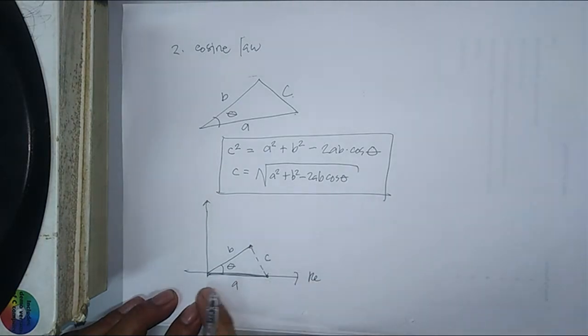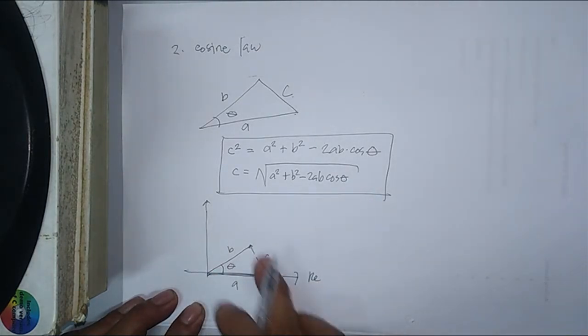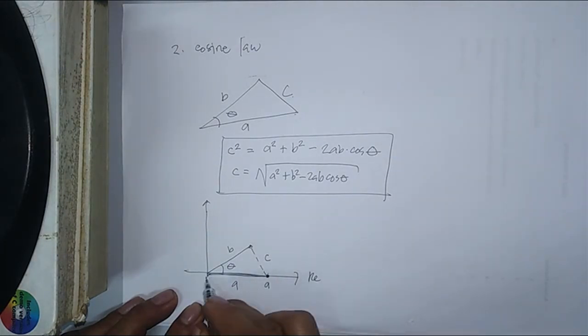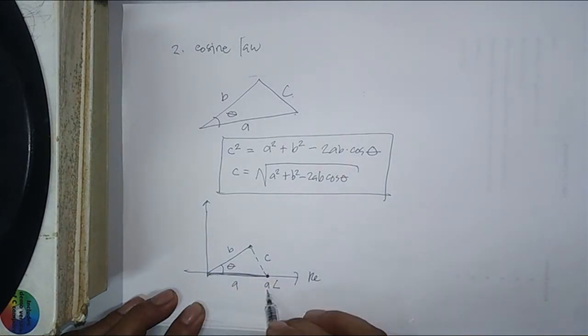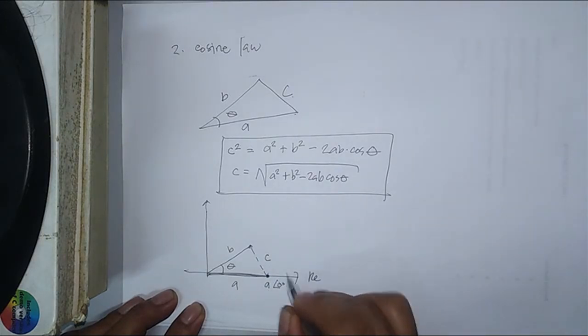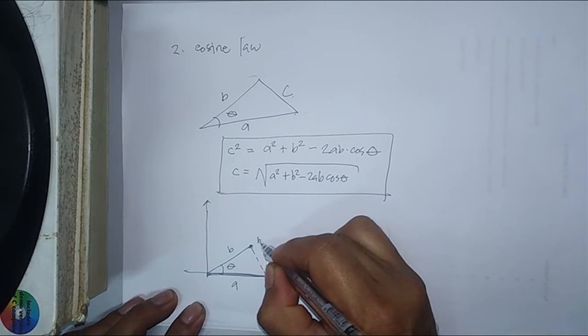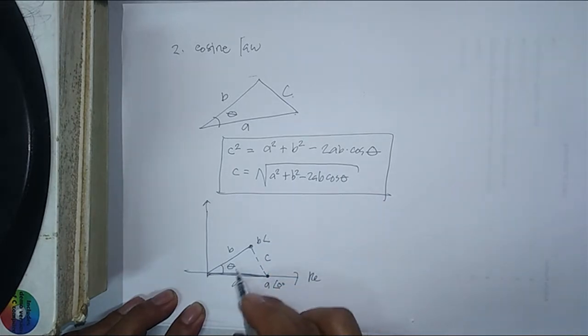Since we have plotted the triangle in the Argand diagram, we will label the points in terms of the polar representation. This point is represented by A, because A is the length of this side, so you can represent that as A angle of 0, because this is along the real axis. To represent this other point, we label it B angle of theta.